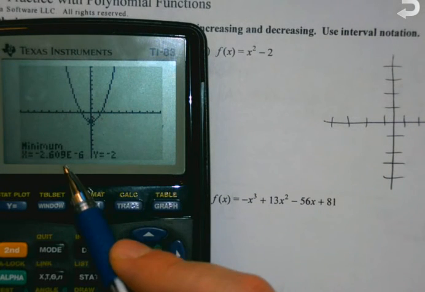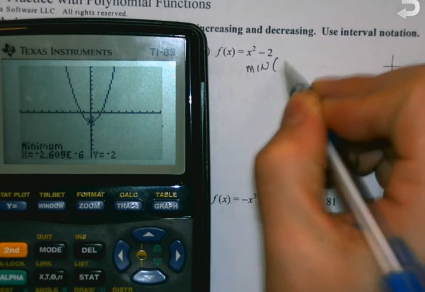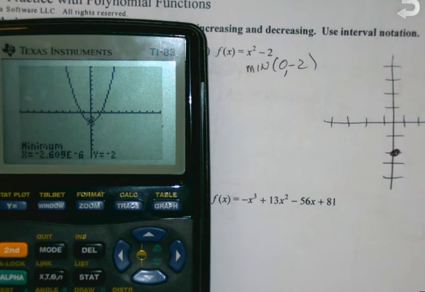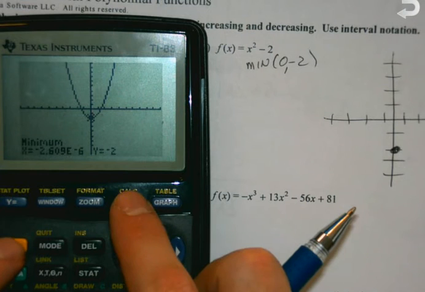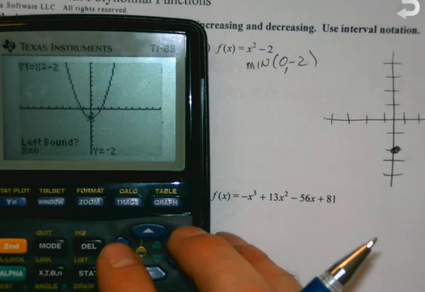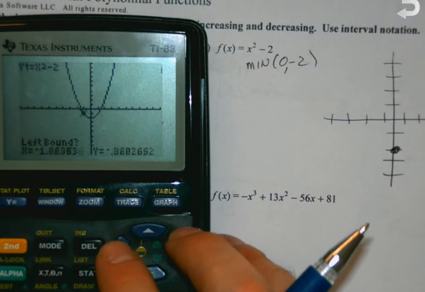And like we mentioned yesterday, anytime I see E, that automatically means that value is 0. So I have a minimum that's 0, negative 2. And since all I'm trying to do is figure out the interval notation of this, if I wanted to, I could go find a 0 so I could know what one of my intercepts was, because we know since this is a parabola, it's going to be symmetrical.